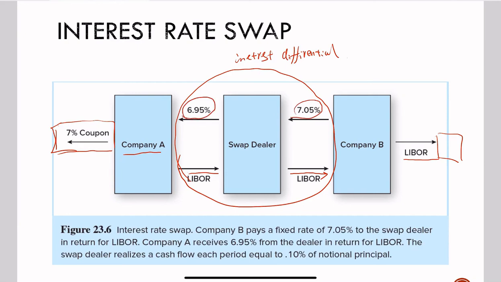So there is a positive 1% interest rate differential here, right? So if the agreement has a notional value of $100 million, you can see that the bank can earn from this swap agreement, I think it's $1 million, right? So it can earn $1 million from this interest differential.